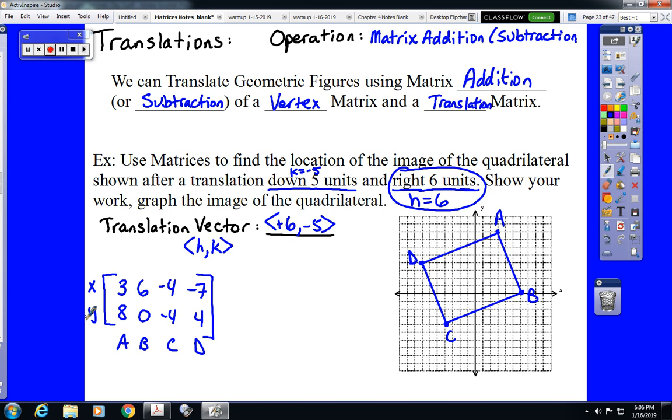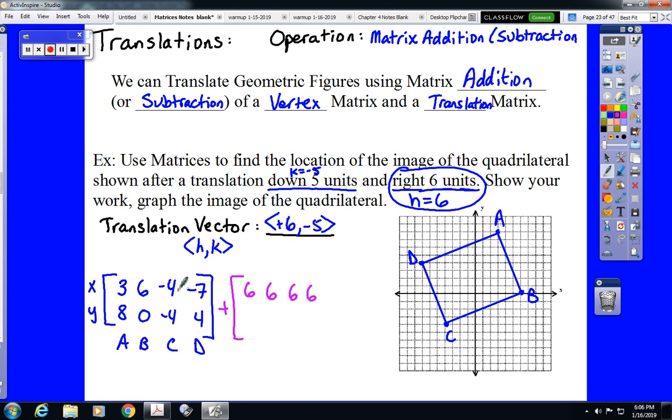So we're going to carry out matrix addition by adding what's called the translation matrix to our vertex matrix. And the translation matrix is a very simple idea. The first row here is X, so we want to add H, 6, to each of our X values. So each of our X values in our translation matrix will be a 6.